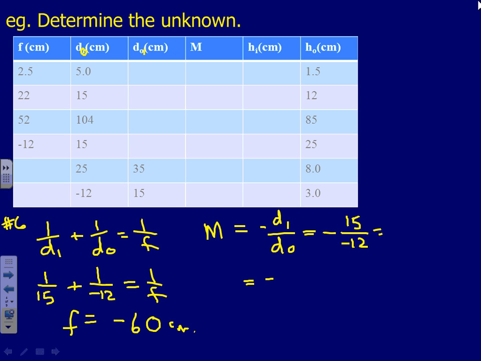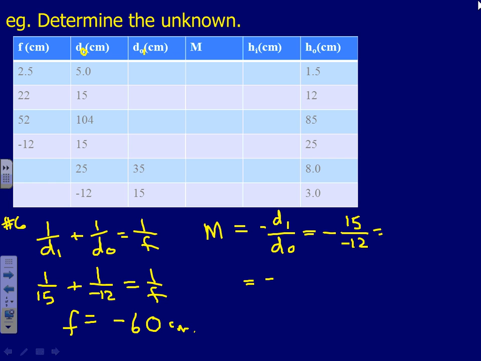I don't like that. The negatives are gone. What do we get for magnification? There's something wrong there. Di is 15. Do is negative 12.